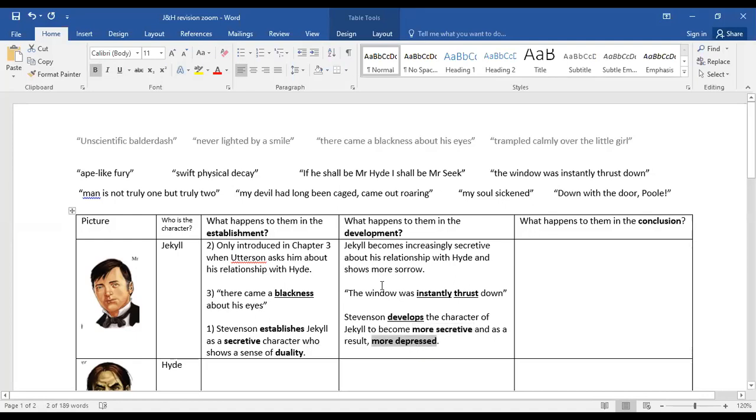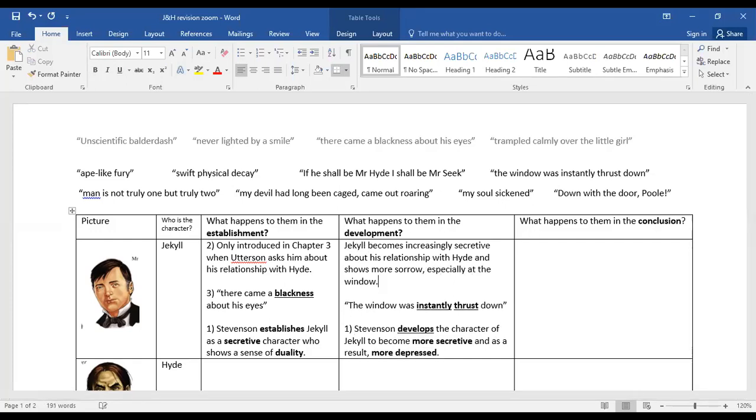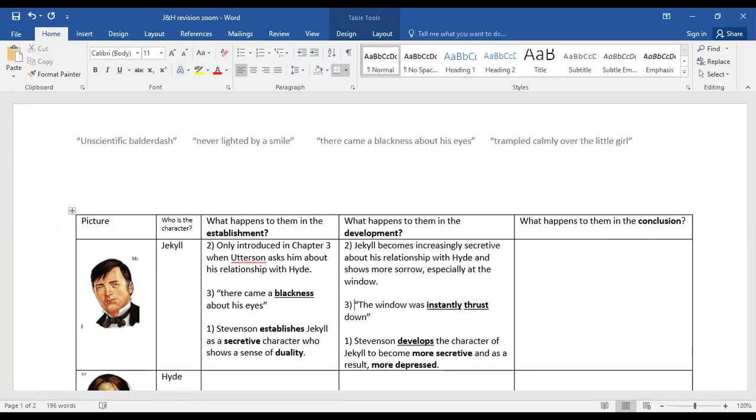That's what he's like at the start, opening sentence, because what you're showing is how he's changed over the course of the novella. This is your second sentence, especially at the window. And after that, in your paragraph, you would absolutely need to analyze the violent verb thrust, which shows that he's been taken over almost by Hyde.